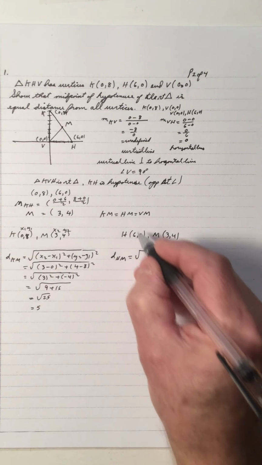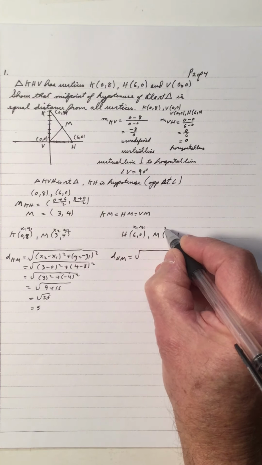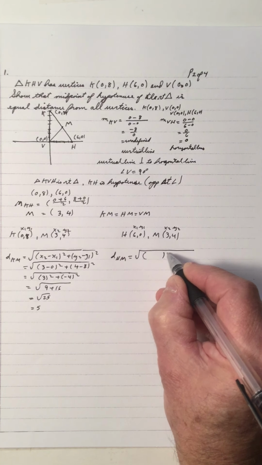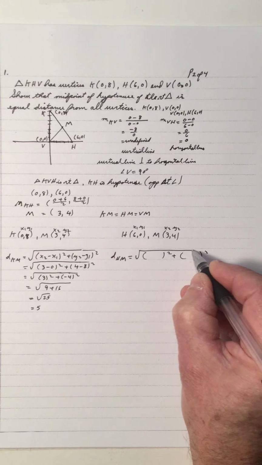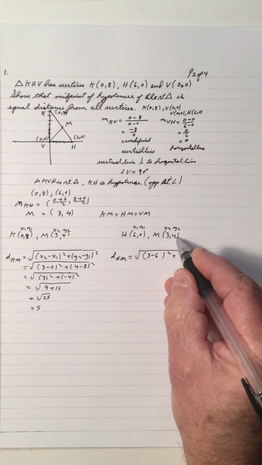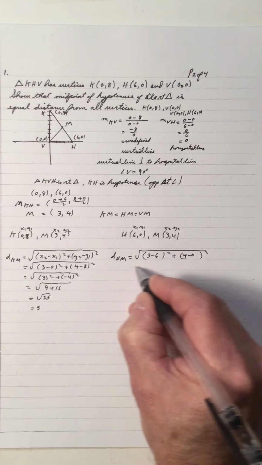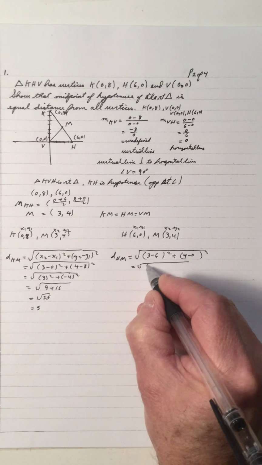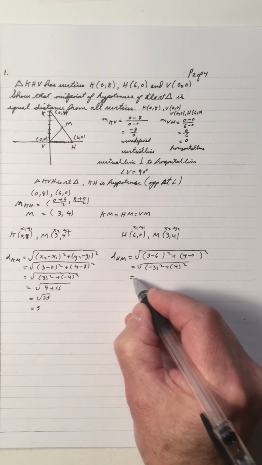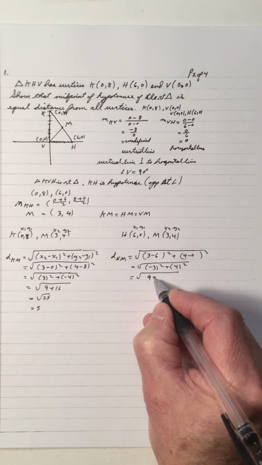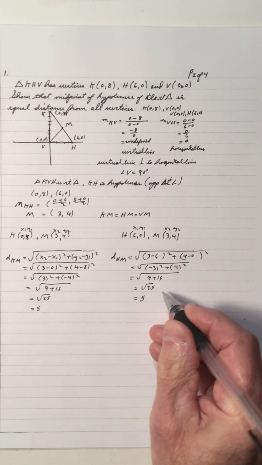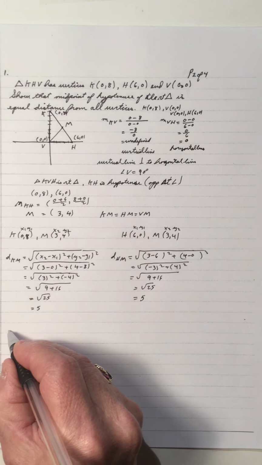It's the same as here, so without writing it all down again, I'll just use this one. x2 is 3 minus 6, y2 is 4 minus 0. And so that's negative 3 squared plus 4 squared, 9 plus 16, 25, 5.